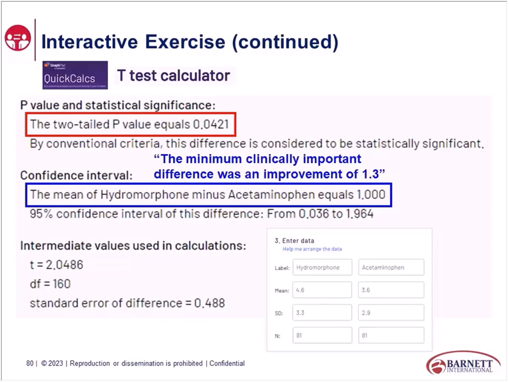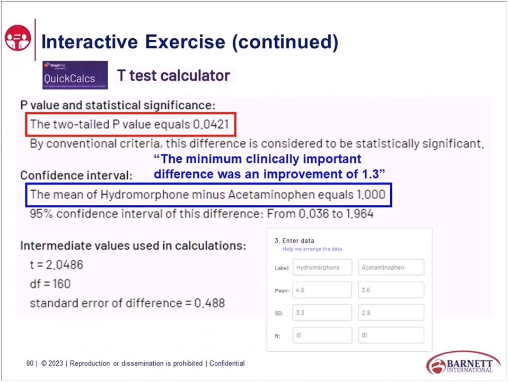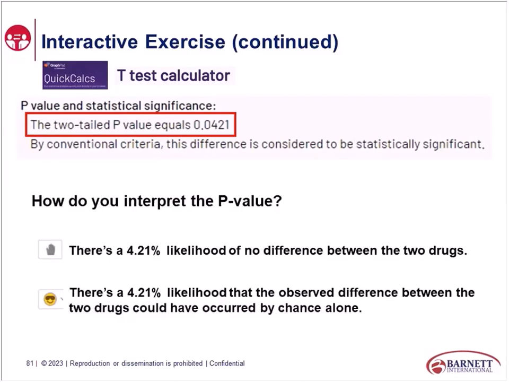They even wrote out the standard deviations, and of course the sample size they gave us in the article. So based on the two means, two standard deviations, and sample size, they didn't give us a p-value, but we can calculate it, and we find a p-value of 0.041. The difference is 1, the clinically important difference is 1.3, so it's clinically not important, but we have significance.